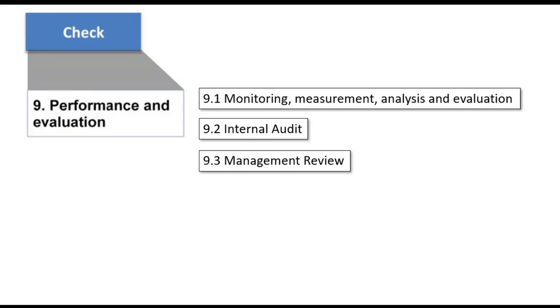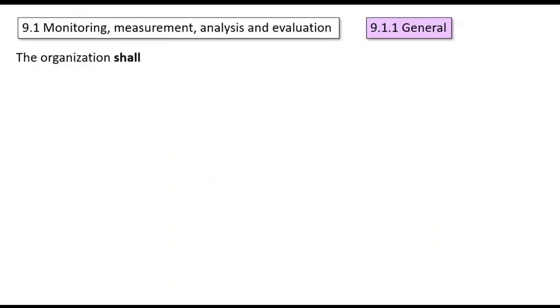But here, class 9 is about performance and evaluation that relates to the ISO 14001. Okay, what's the requirement under 9.1, monitoring, measurement, analysis, evaluation subclass? Okay, we go to 9.1.1, which is the general requirement.